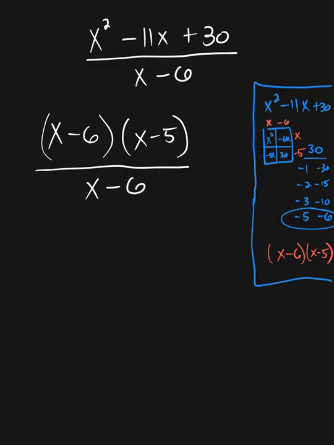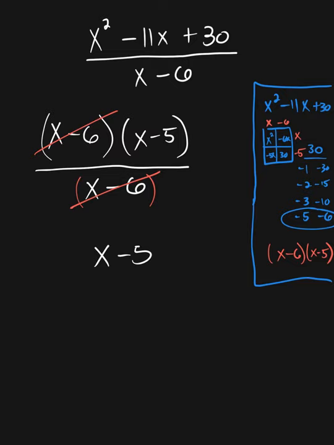Oh, look, guess what we got again? We've got the same thing on the top and the same thing on the bottom. I've got an x minus 6 on top and an x minus 6 on the denominator, so they're going to get canceled out. What am I left with? I'm left with that x minus 5.